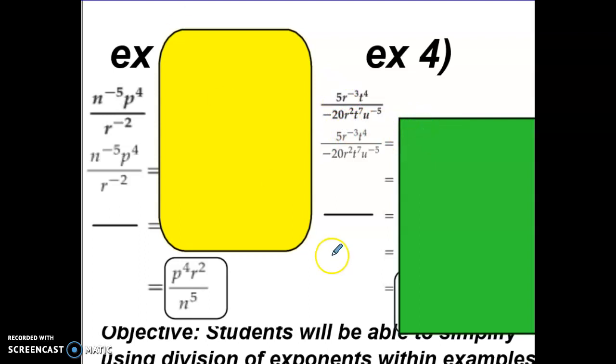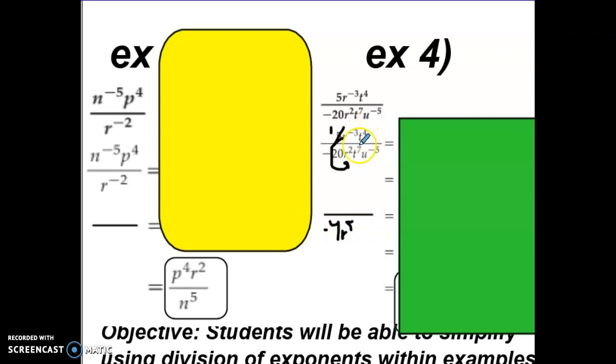Well, those can be reduced, leaving you with 1 on top, negative 4 on the bottom. How many r's are there going to be? We have 3 on top and 2 on the bottom. Do the 3 on the top stay, or do they go to the bottom and become positive? They become positive. But there's already 2 down there. So altogether, how many r's are we going to have on the bottom? It's r to the 5th.